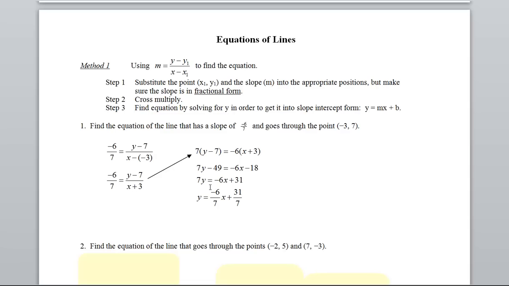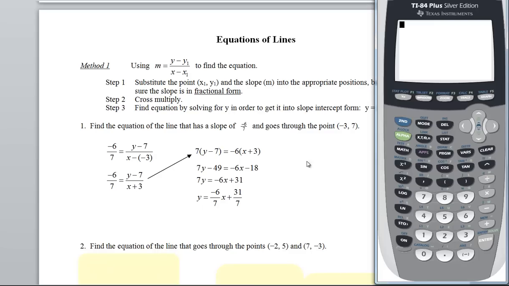At least this right here should show up right here. And if you store negative 3 and type this in, that would be a way that you could check yourself. Let's see, let me store negative 3, negative 3 storing for x. And then I need negative 6 divided by 7 x plus my 31 divided by 7.